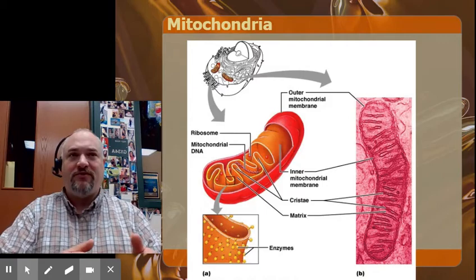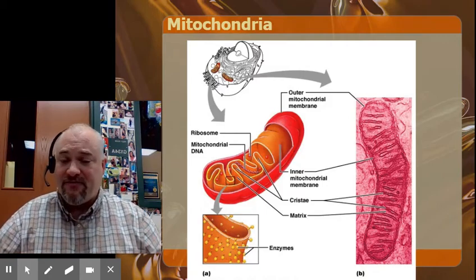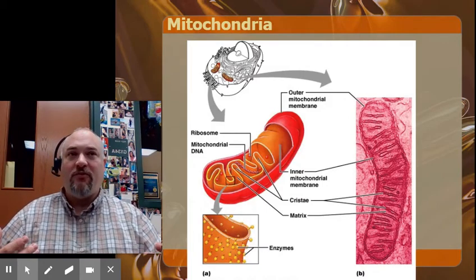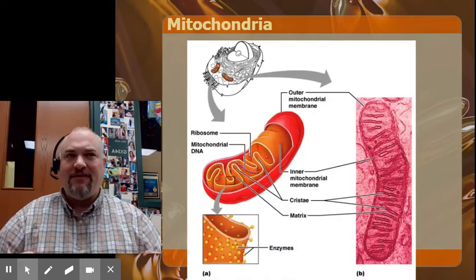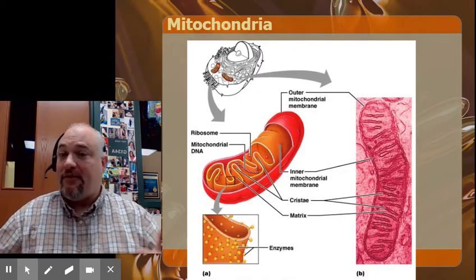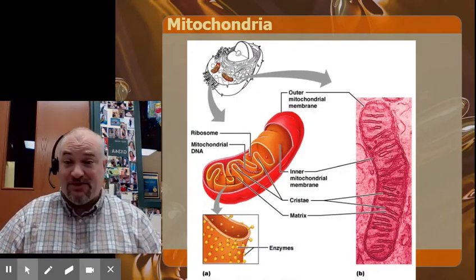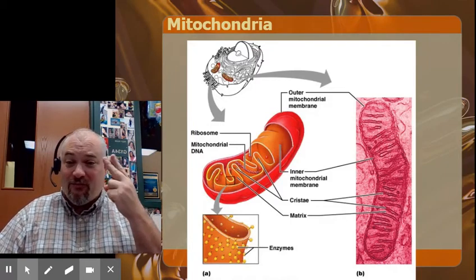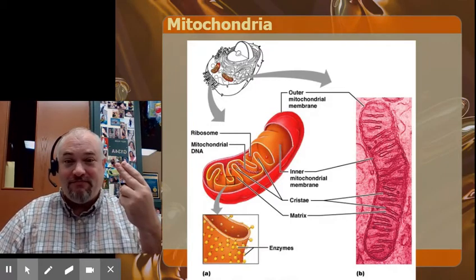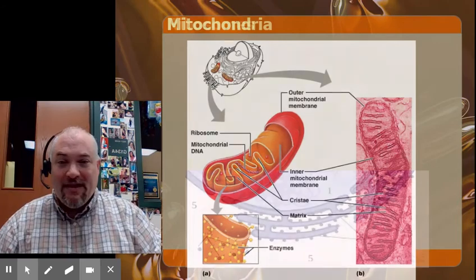Those bacterial cells were able to more efficiently produce ATP energy for the larger cell, to the point where they became interdependent, and we consider them all one cell now, one organism. Though the origin is probably two came together to form one, which is pretty sweet when you think about it.